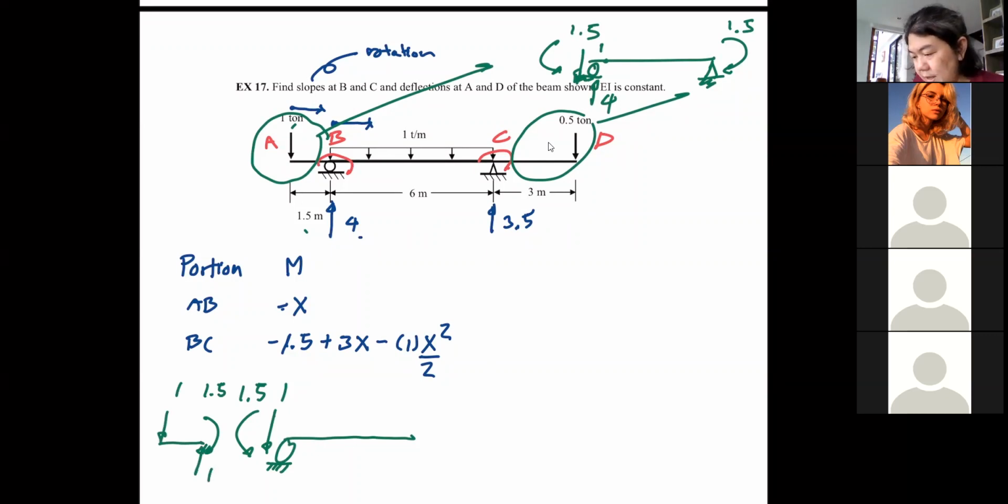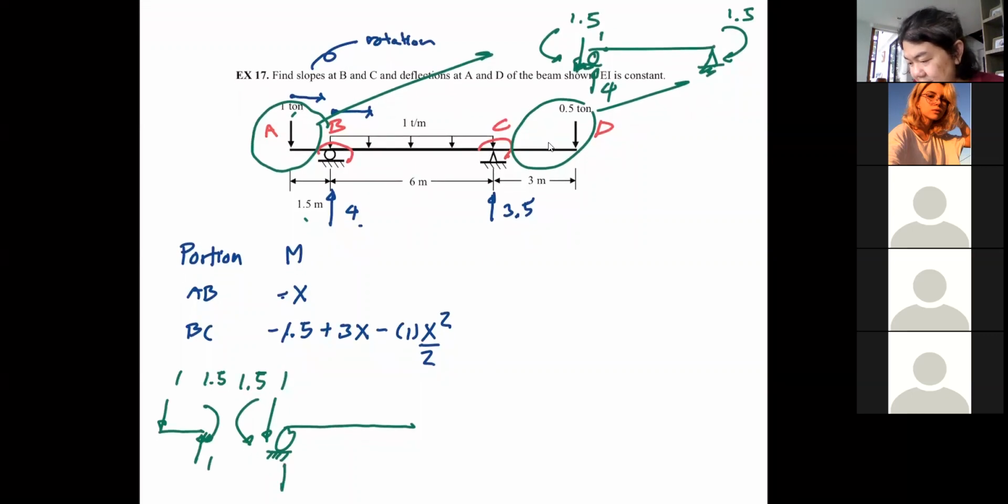So now let's come back here. We have the reaction equal to 4. So if I cut the free body diagram slightly beyond the support itself, what I would have would be this, because this is 4, so I have 3. And then I have the same moment. That's why we got 3 here.